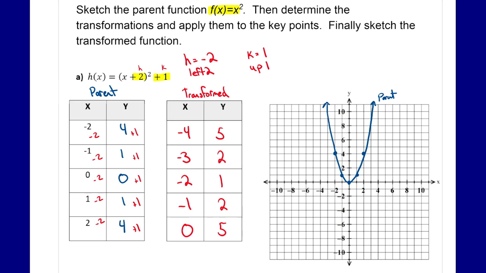Now that I have these, I can go through and graph them. So: (-4, 5), (-3, 2), (-2, 1), (-1, 2), and (0, 5).